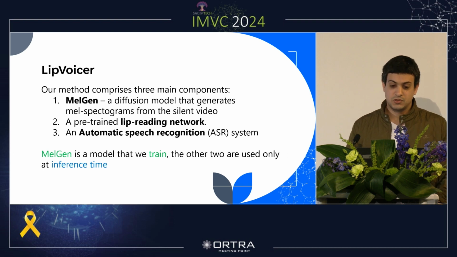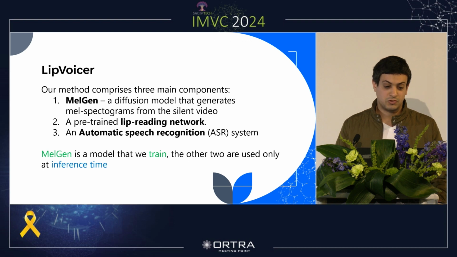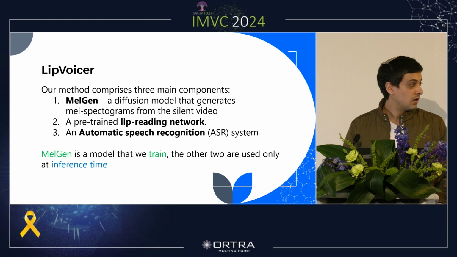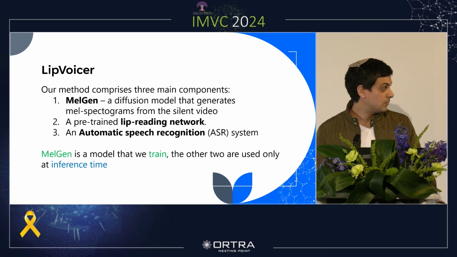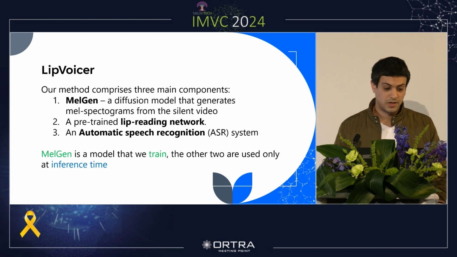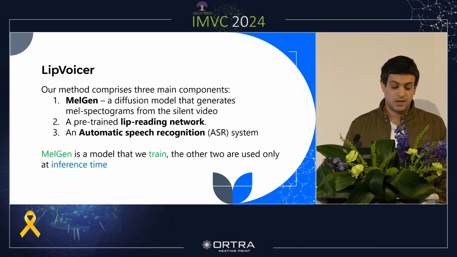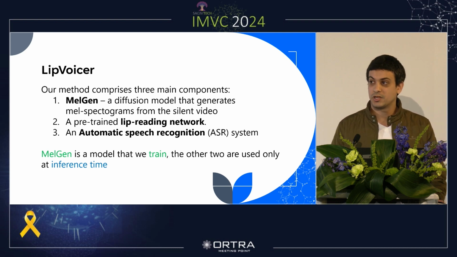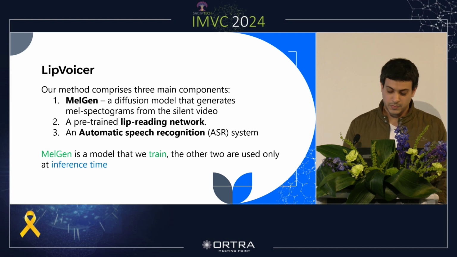And it is a diffusion model. The other two components are a pre-trained lip reading network, and an ASR system. The important thing to note is that the only model that you train is actually MelGen, and the other two components are used during inference time only.